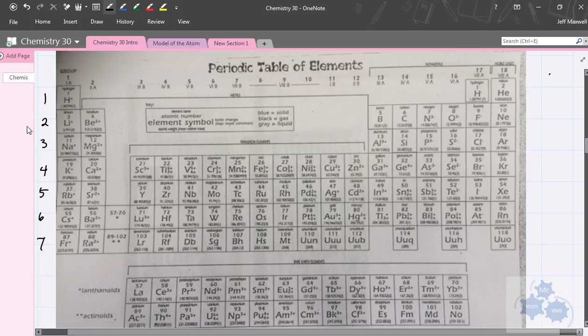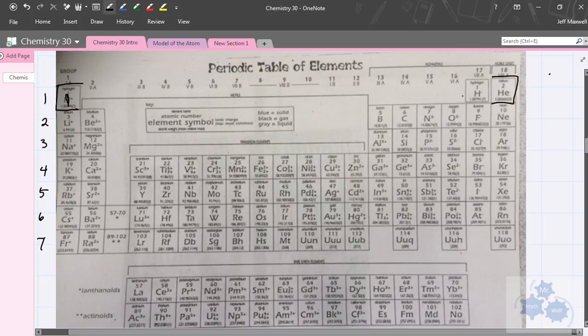The first energy level can have 2 electrons, and the electrons fill the 1s first. I'm going to outline the elements on the periodic table. That would be the 1s. One electron goes here, and the other electron goes over here in helium.